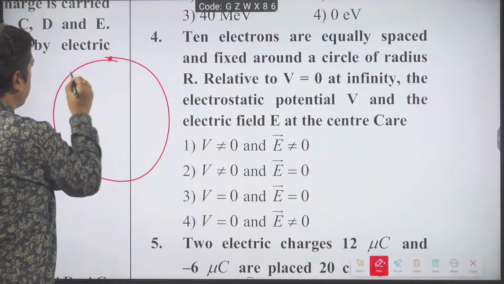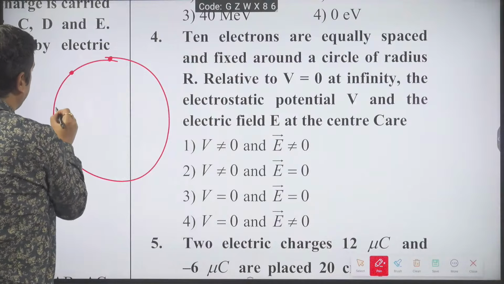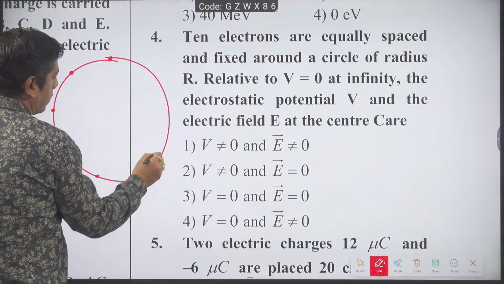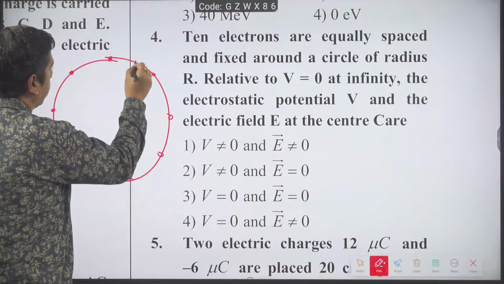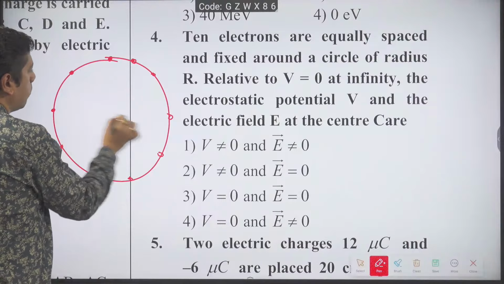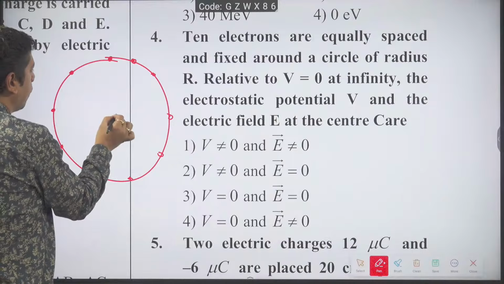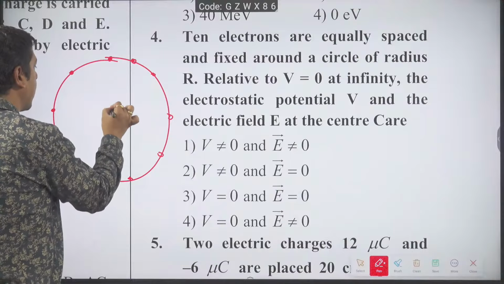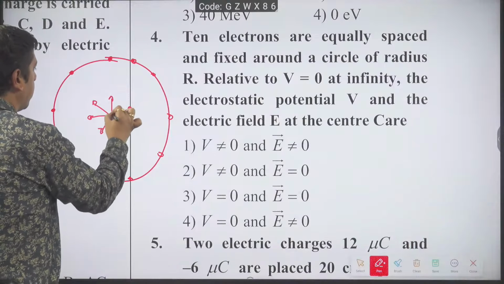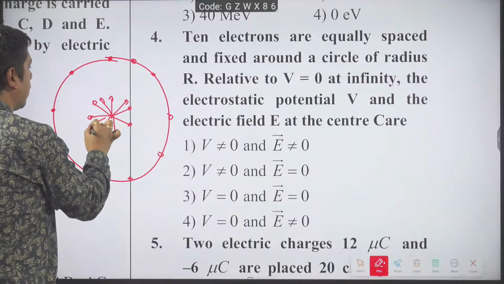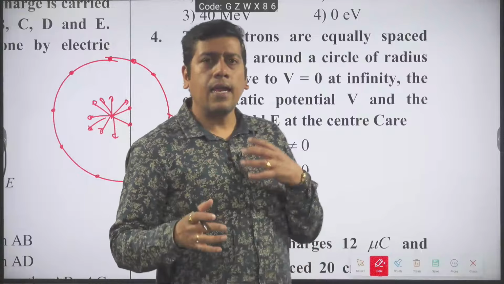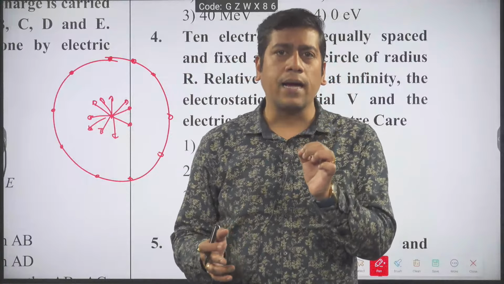If equal charges are placed at equal distances, 10 charges, then we know the fields will cancel each other, because the field will also be formed at equal angles.